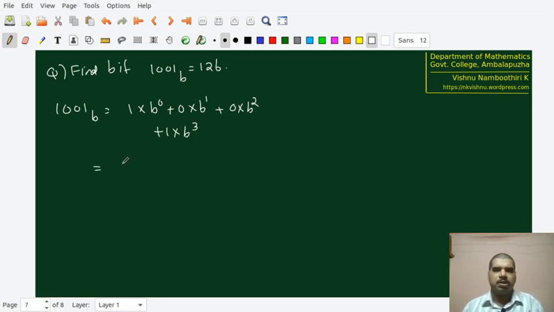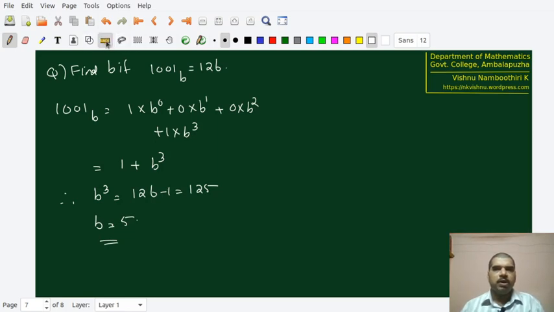This is 1 plus b cube. If we equate 1 plus b cube and 126, we get b cube equal to 126 minus 1 equal to 125, so b is equal to 5. So the base is 5.